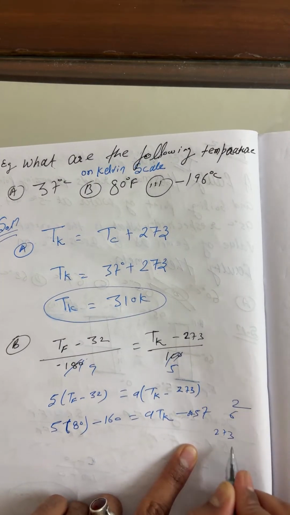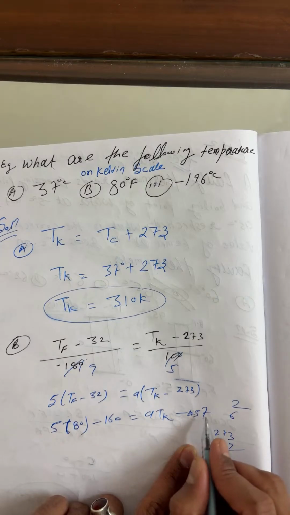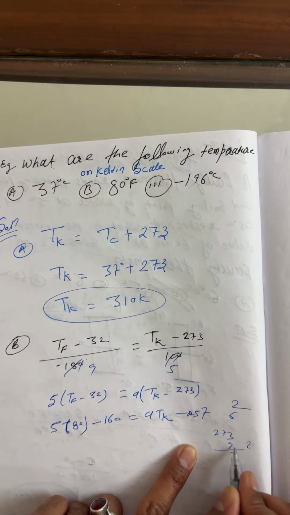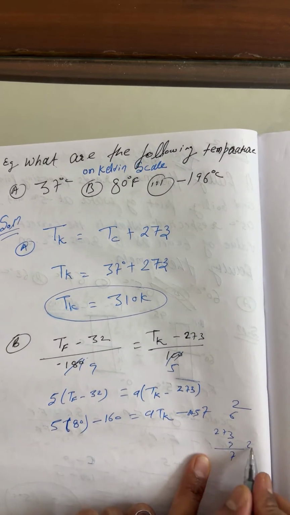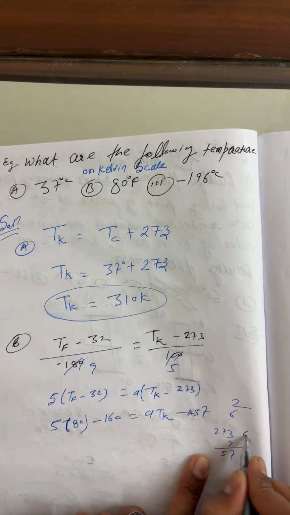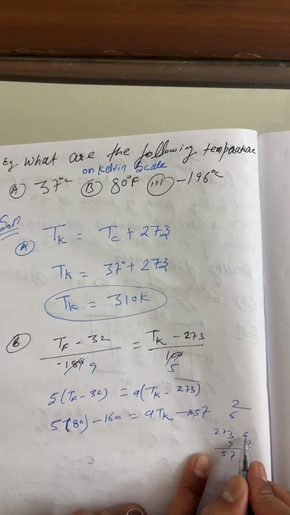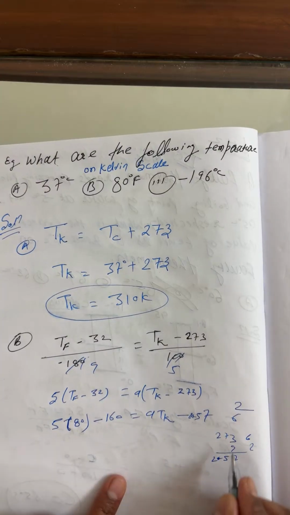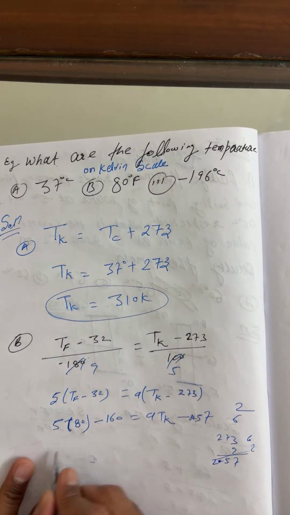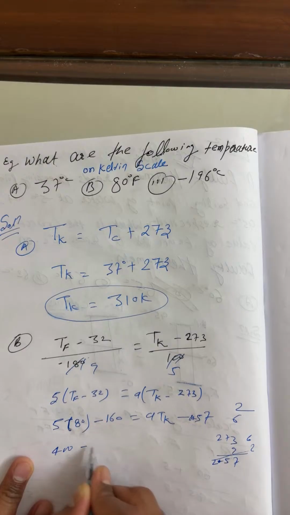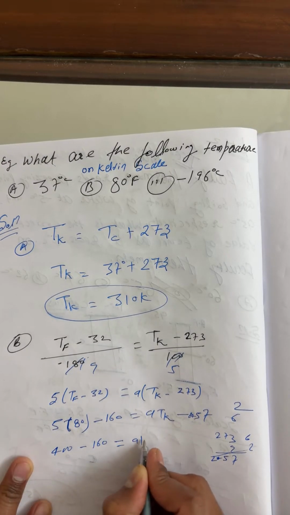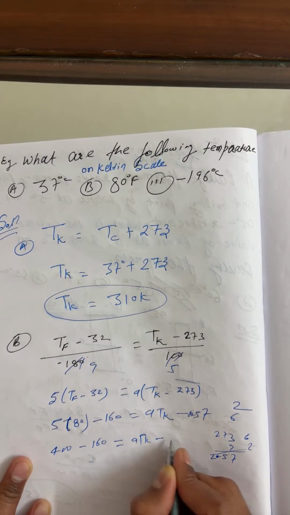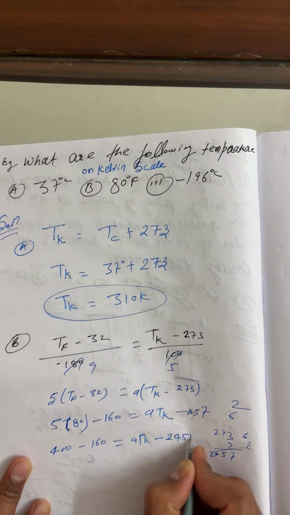Correct here. 273 into 9: 9 threes are 27, 9 sevens are 63, plus 2 is 65, 9 twos are 18, plus 6 is 24. Correct. So this is 400 minus 160 equals 9 times temperature in Kelvin minus 2457.